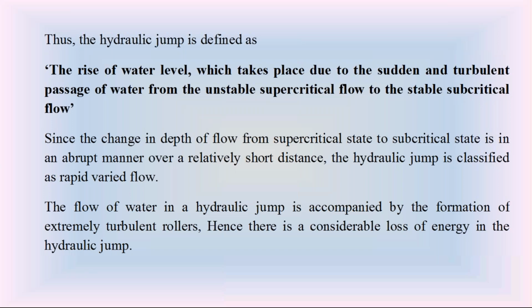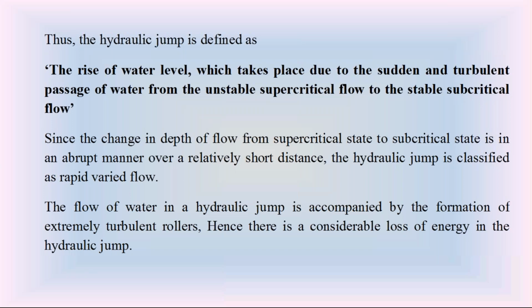Next one is rapid varied flow. Gradually varied flow means if the depth of flow changes gradually over a large length, we call that gradually varied flow. Rapid varied flow means if the depth of flow changes rapidly over a short length, we call that rapid varied flow.